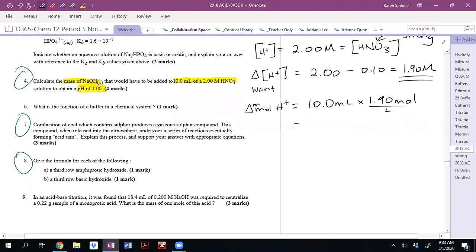And we get 19 millimoles of H plus. That's how much we want to neutralize.